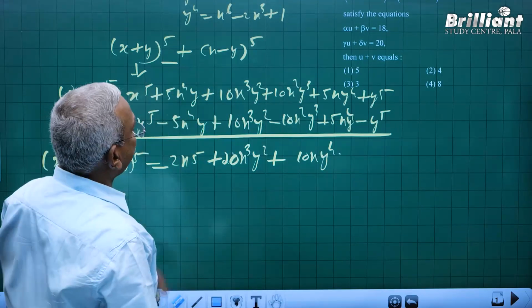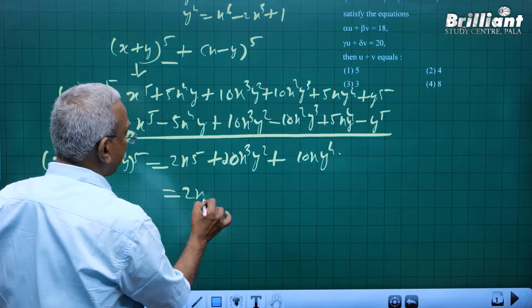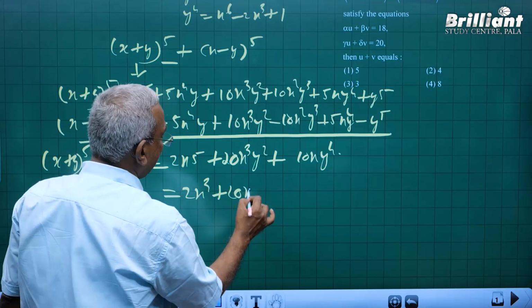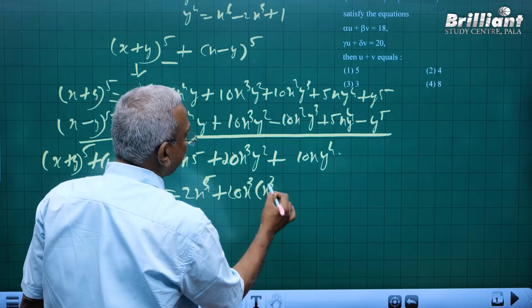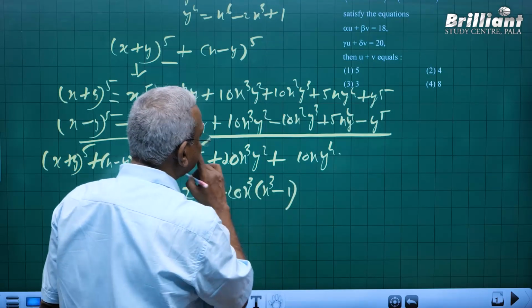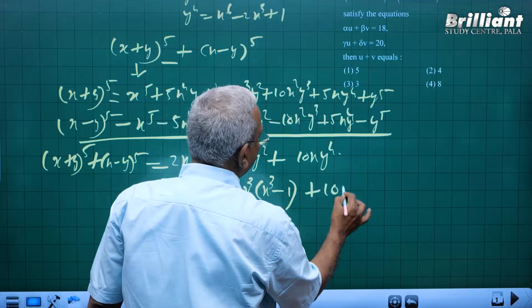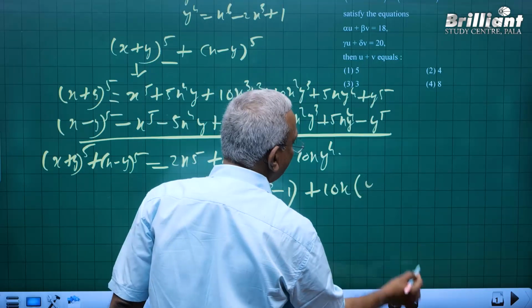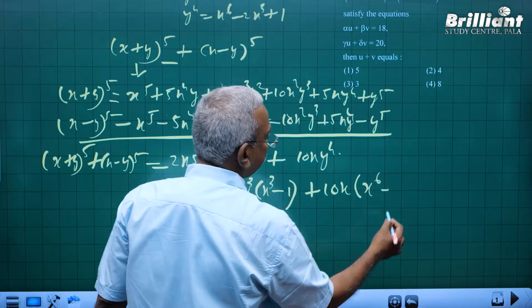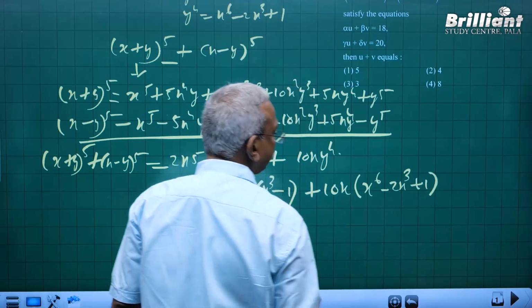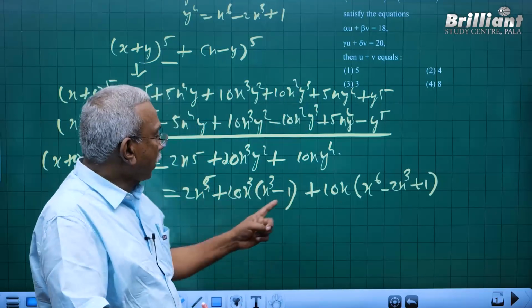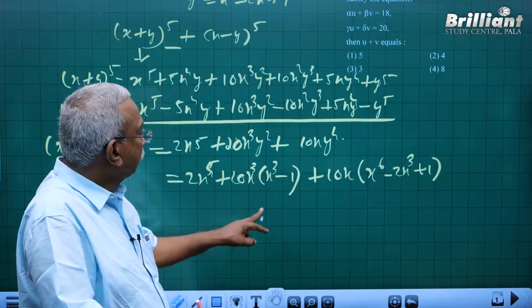So already you know what y square is. So 2x raised to 5 plus 20 x cube into (x cube minus 1) plus 10x into (x raised to 6 minus 2x cube plus 1), which is y raised to 4, and that is actually y square squared.